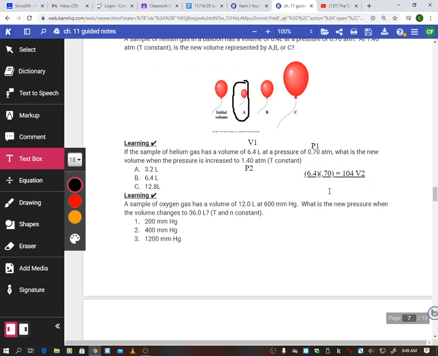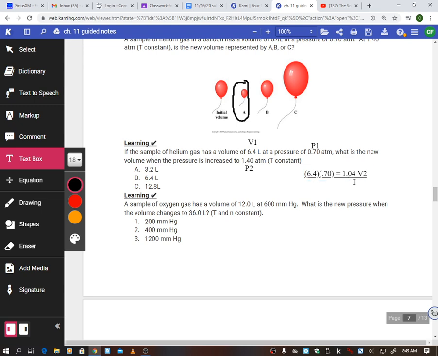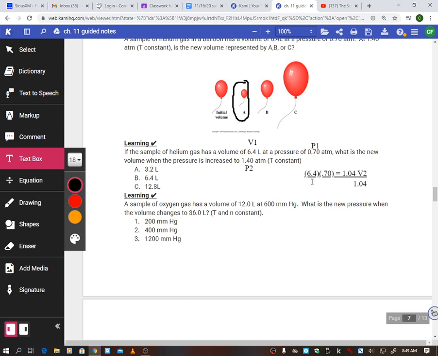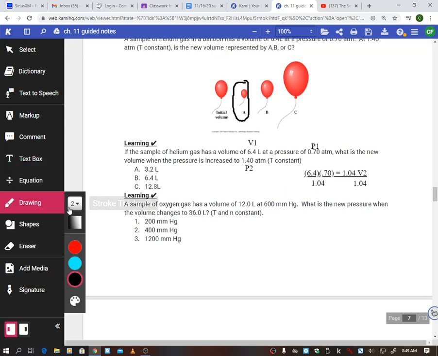All right. So now to get my new volume, I need to divide each side of this equal sign by 1.4. What that does is cancel out this side, leaving me with my new volume.